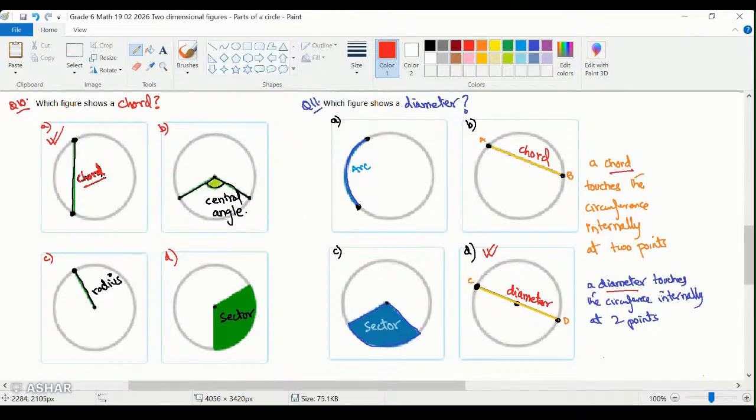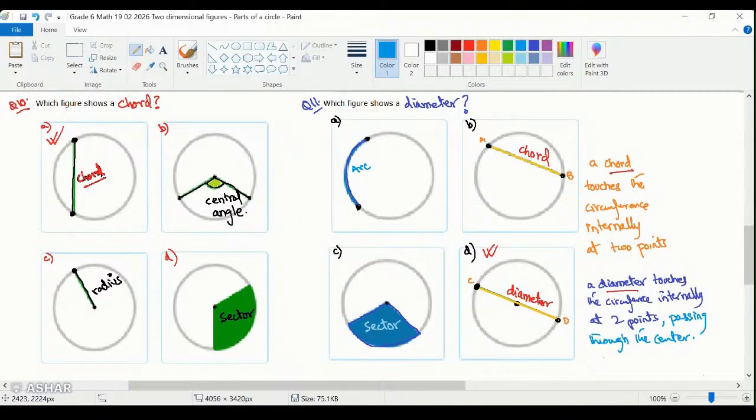I wrote the same thing, right? But there is a small difference, and the small difference is passing through the center. Agreed? Perfect. The diameter passes through the center, but a chord does not pass through the center.